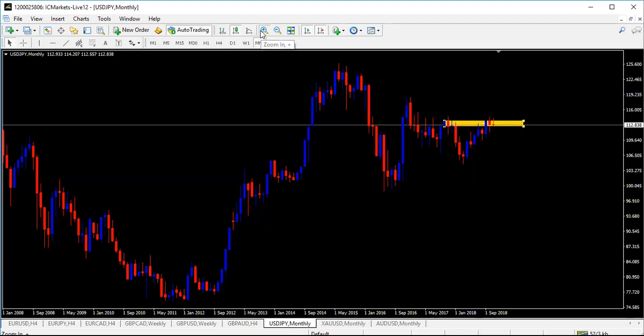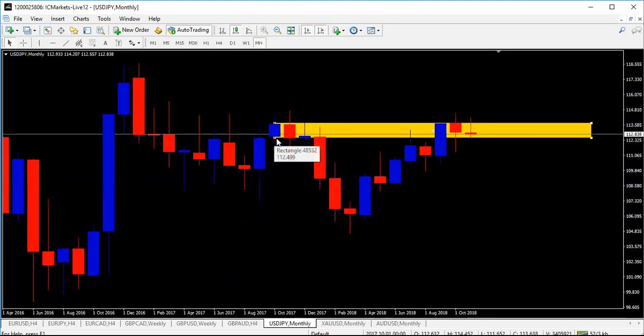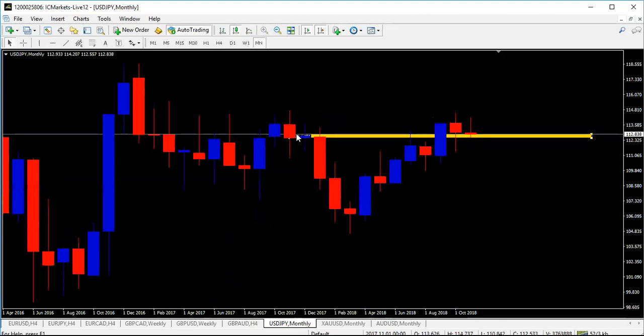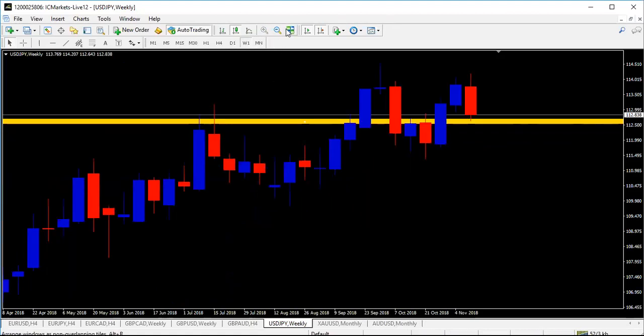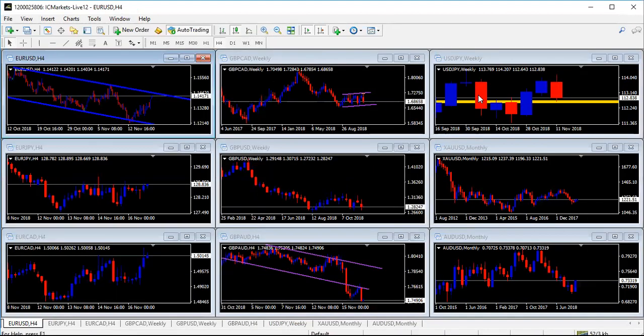This was the last bullish candle here before we got a drop. This one actually. The last certain momentum, and then we get a fall. Now we scale down to weekly. See what's happening? Shifts.